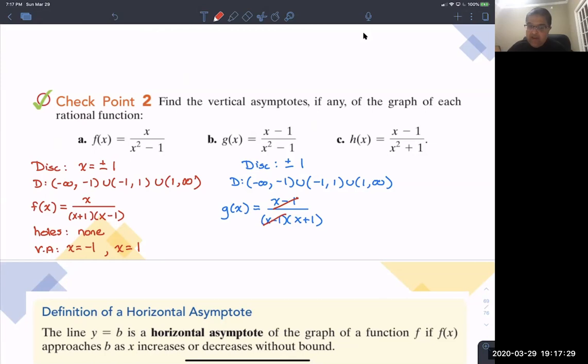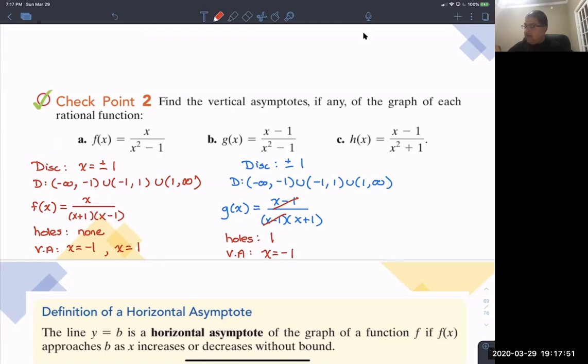So I can remove that. That means my holes are x minus 1 equals 0, or 1. So positive 1 is a hole, okay? And my vertical asymptote is what's left, which is x equals negative 1, okay?